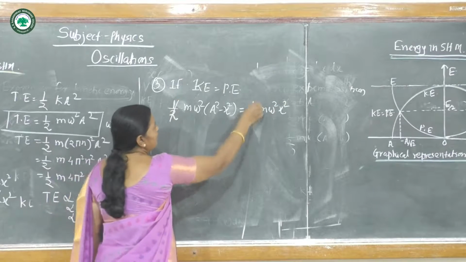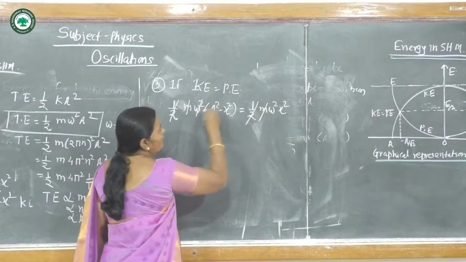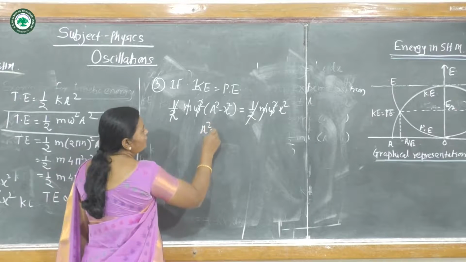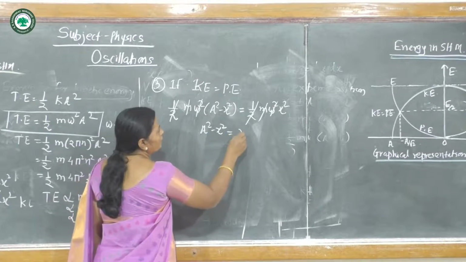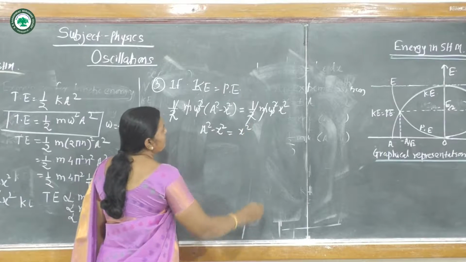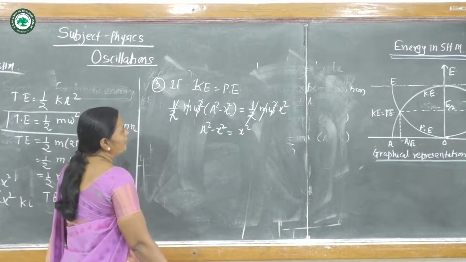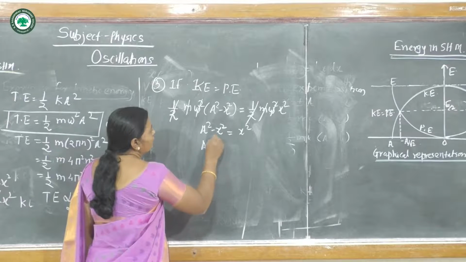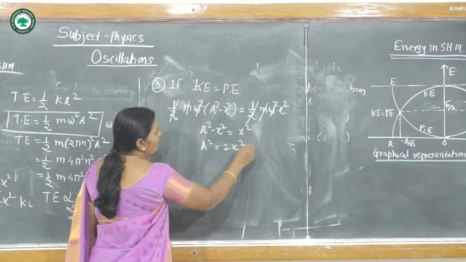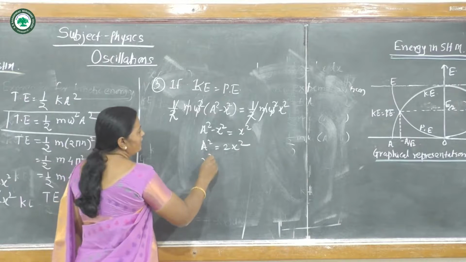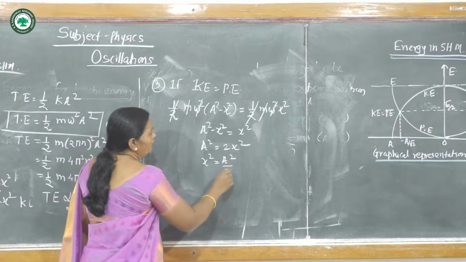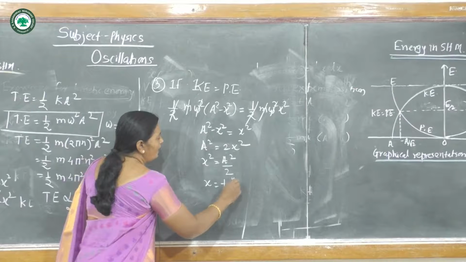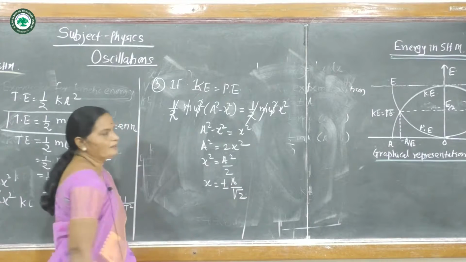Then 1/2, m and omega square cancel. The remaining part is a square minus x square = x square. So a square = 2x square. Therefore x square = a square by 2, and x = plus or minus a divided by root 2.